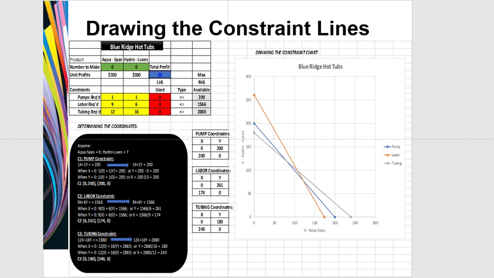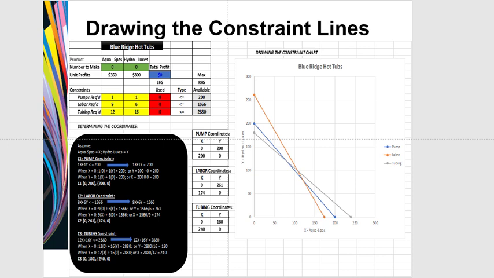So for the first constraint, the pump constraint, we have determined that when x is 0, y is 200, and when x is 200, y is 0. We've done the same for the labor constraint and the tubing constraint. So that in our next slide, we then use these values to draw this graph.